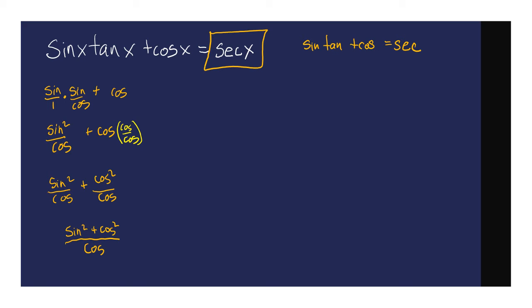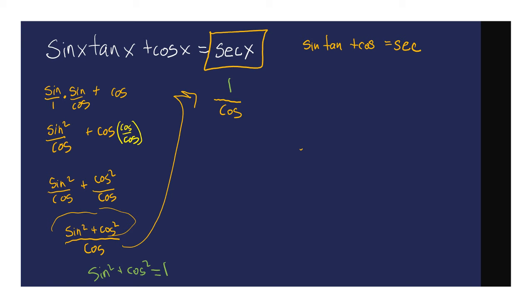Now what I can then do is use my Pythagorean identity of sine squared plus cosine squared equals 1. Because it equals 1, I can put 1 in for my sine squared plus cosine squared. So this gives me 1 over cosine.